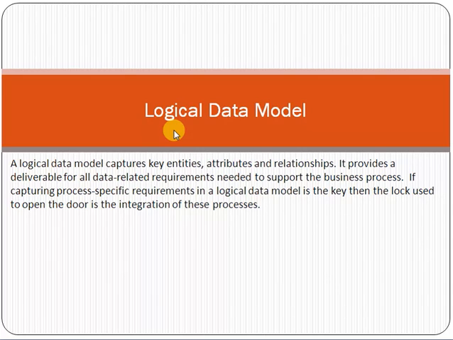All these are entities, and we have to show how they will be integrating with each other. If there is any relationship, we have to show it. So you can think of the logical data model as an entity relationship diagram, which shows the entities in the system and the relationships and dependencies among the entities. This is called the logical data model.